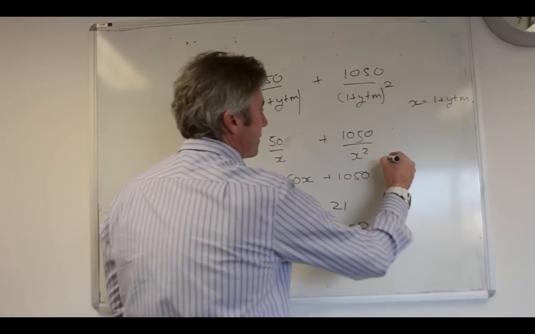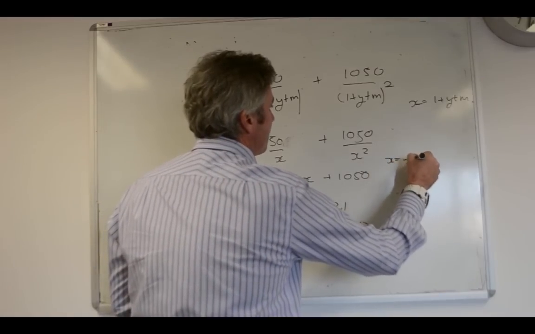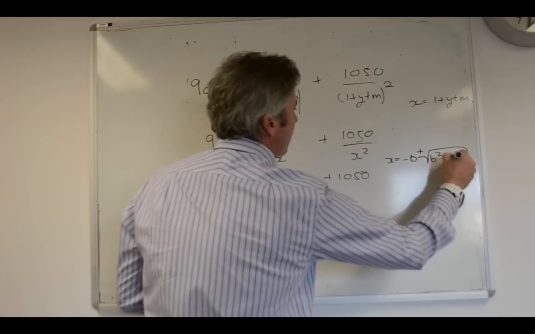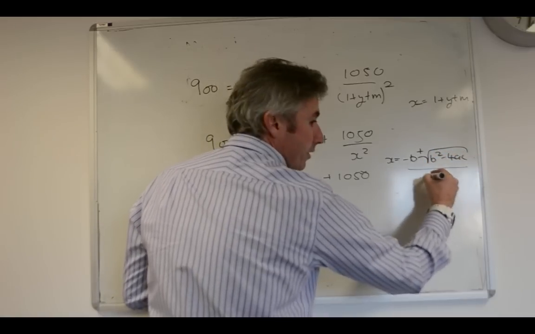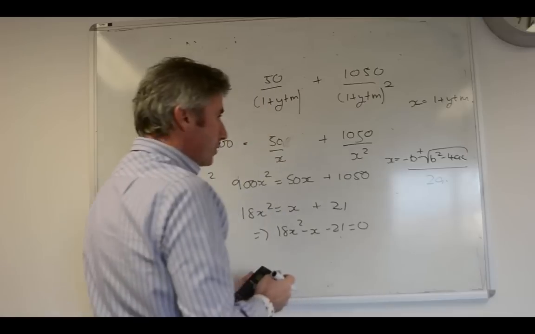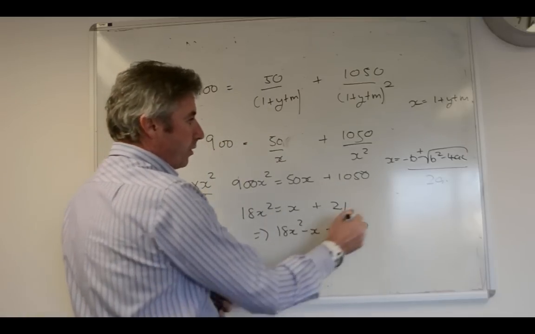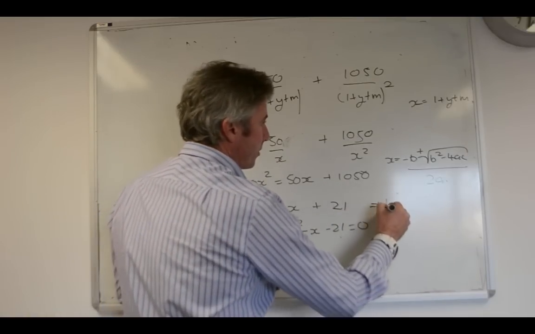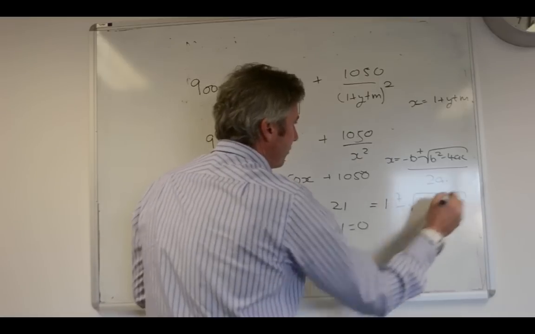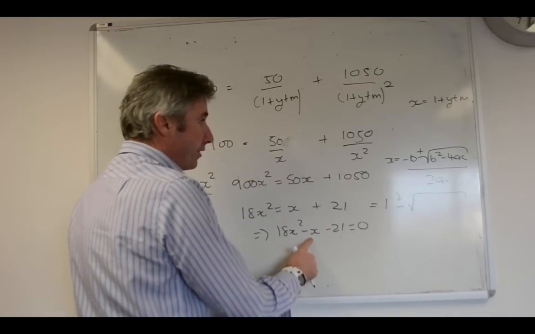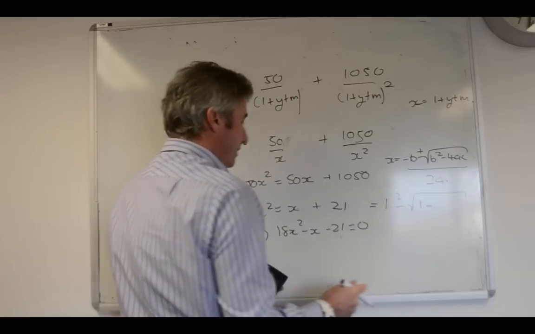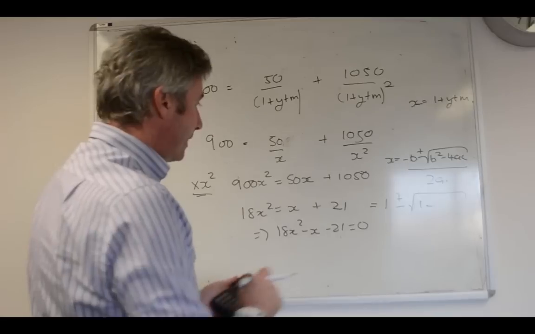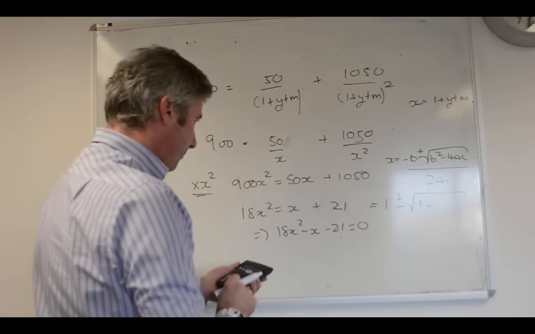So we can solve this using x equals minus b plus or minus the square root of b squared minus 4ac, all over 2a. Our b here is minus 1, so minus b is plus 1, plus or minus the square root of b squared, which is again 1, minus 4 times 18 times minus 21.